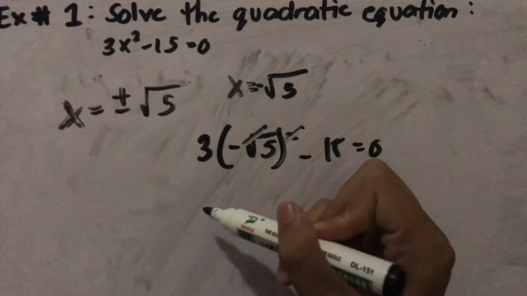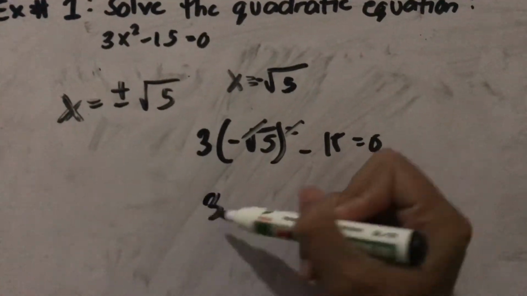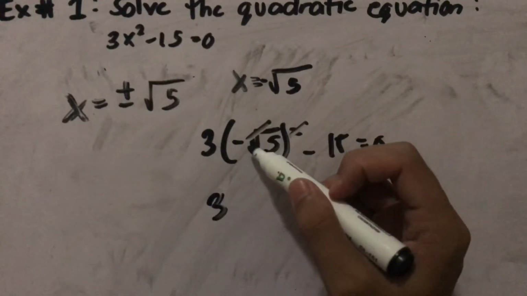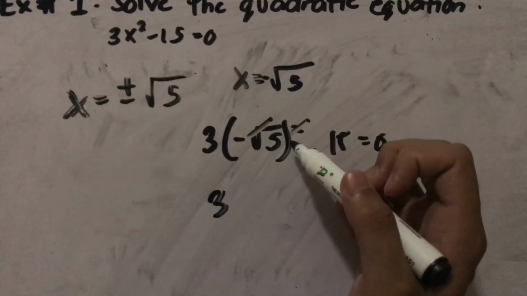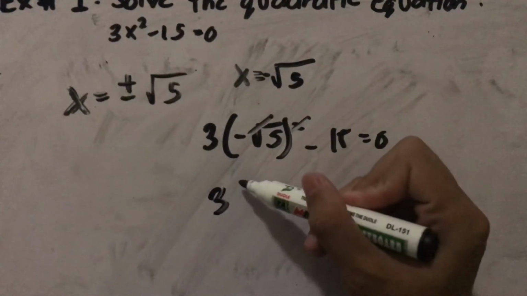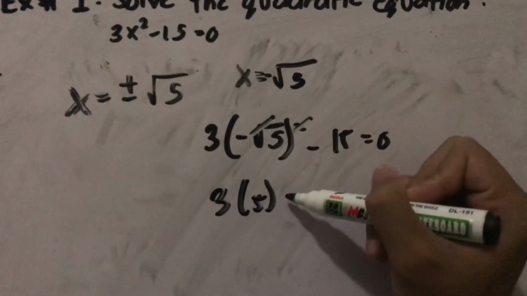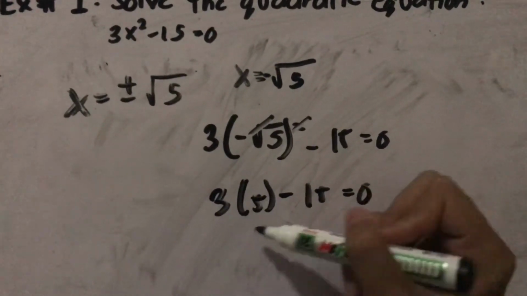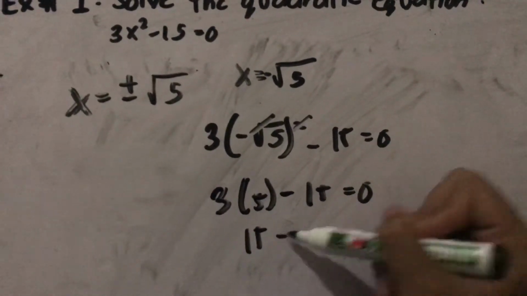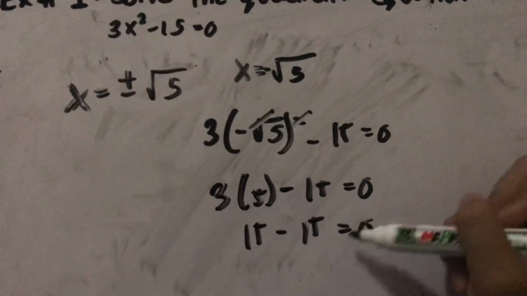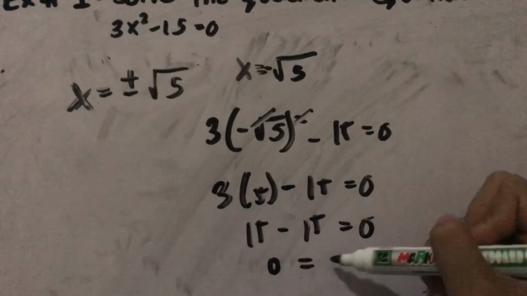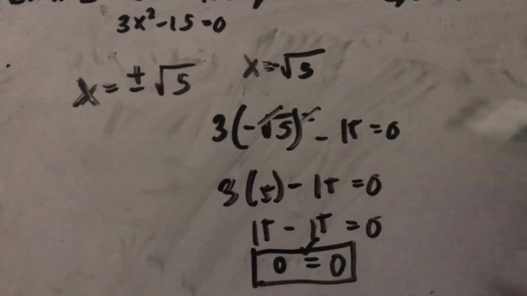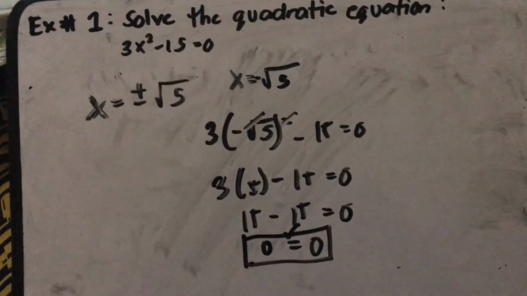So magiging 3, negative times negative is positive, so magiging times 5 minus 15 is equal to 0. So 3 times 5 is 15, minus 15 is equal to 0. So 0 is equal to 0. So tama. So tama yung ginawa nating solution.